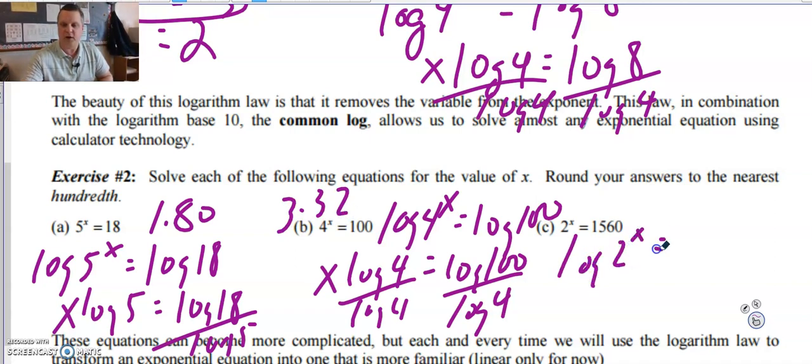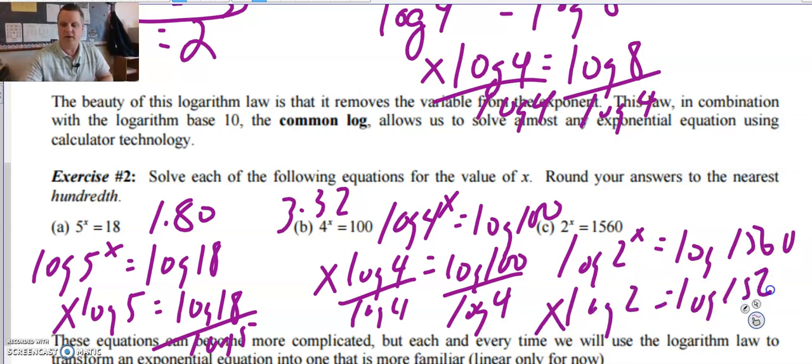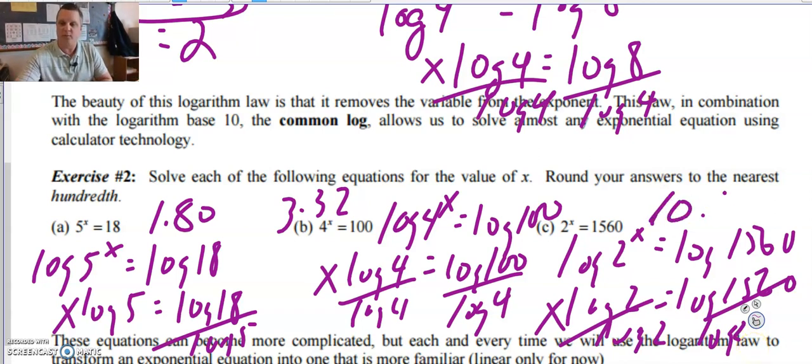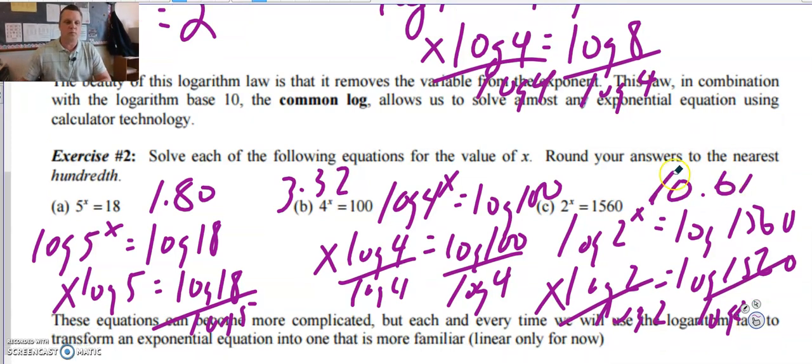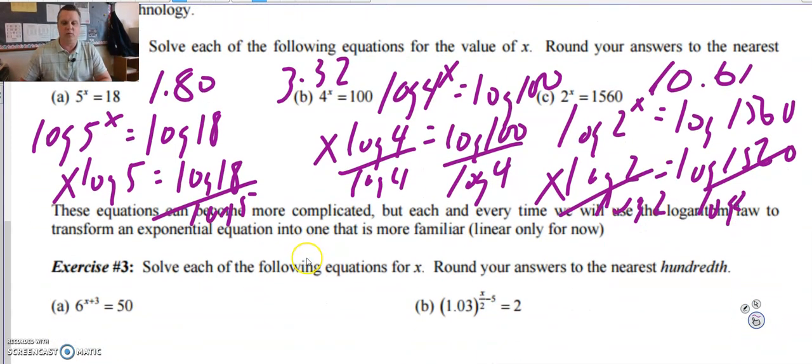Log 2 to the x equals log 1560. X log 2 equals log 1560. Divide by log 2, and pause it, slow it down, whatever you have to do, put it right in your calculator, 10.61. Okay, so that is as basic as it gets.